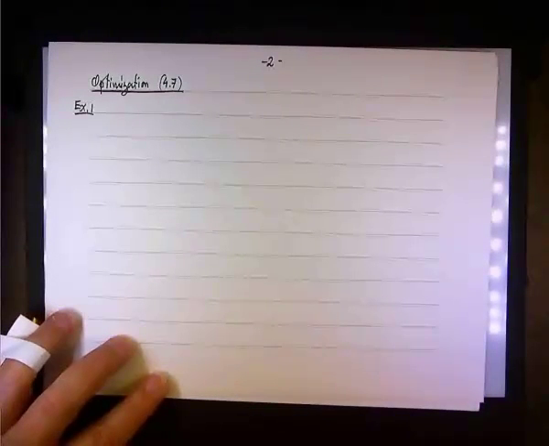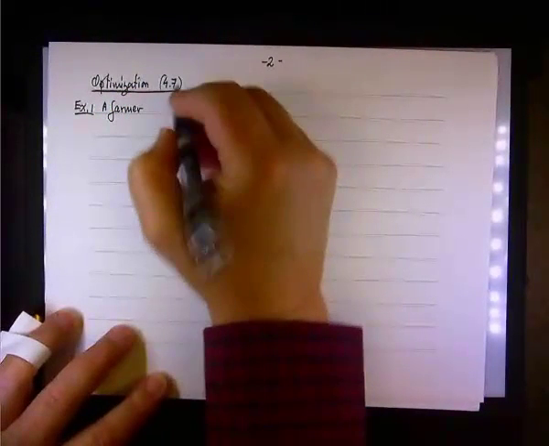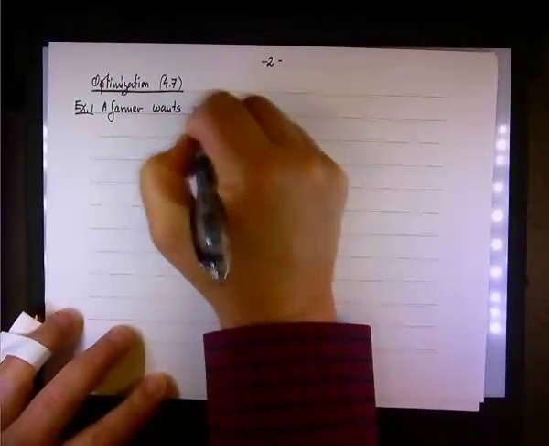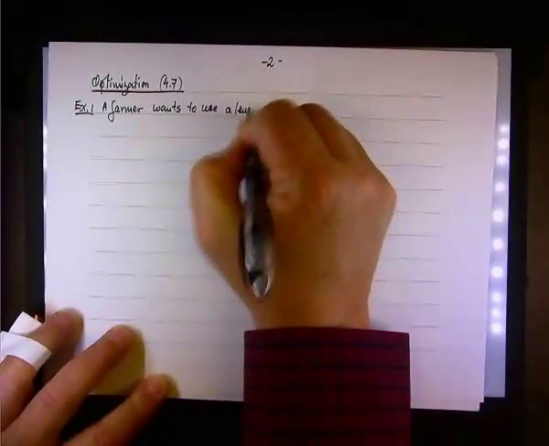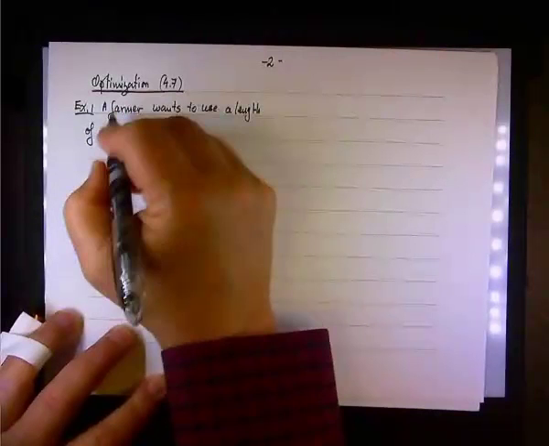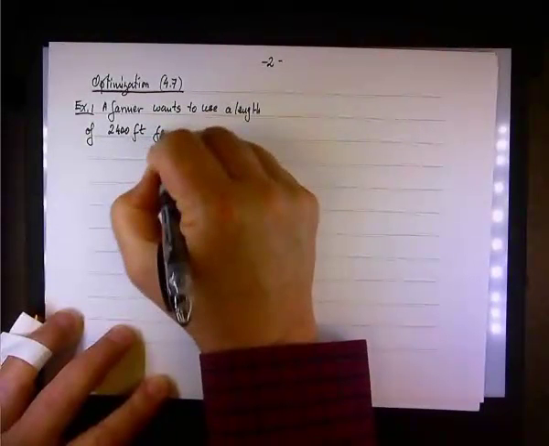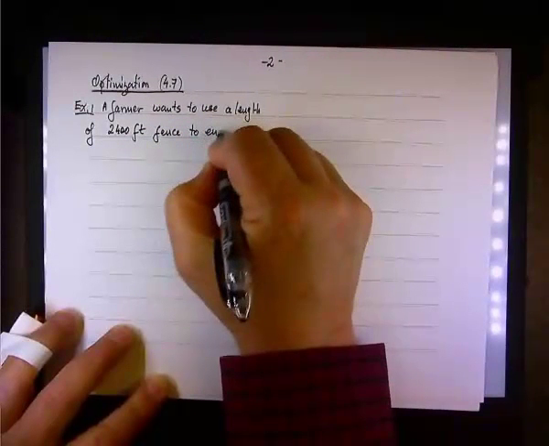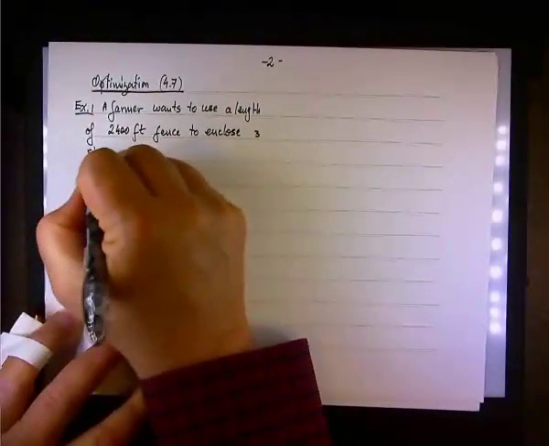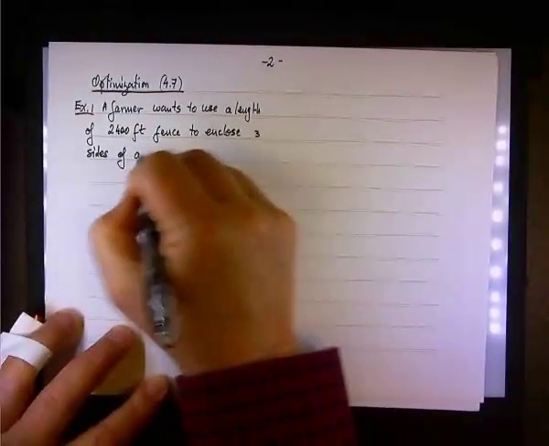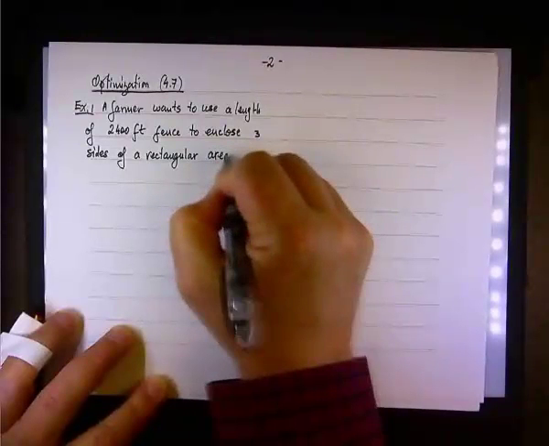Okay, so here we go. A farmer wants to use a length of 2,400 feet of fence to enclose three sides of a rectangular area by the riverbank.